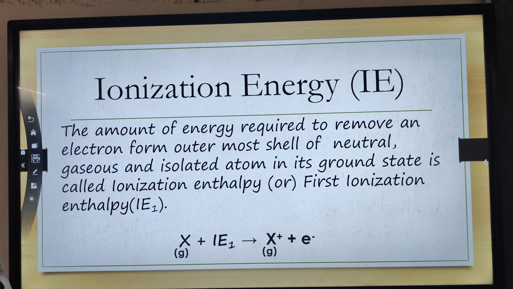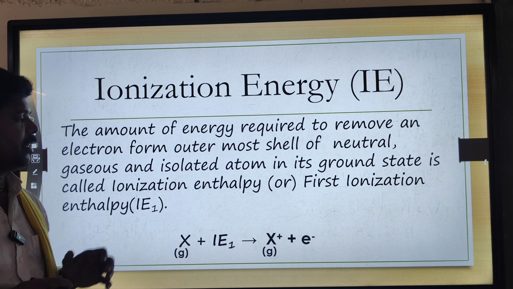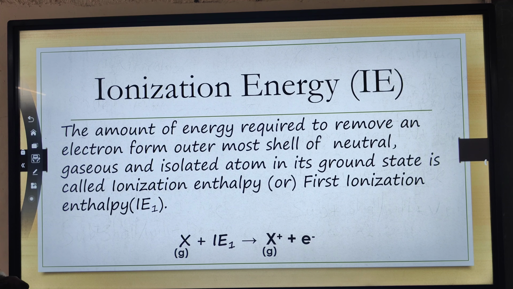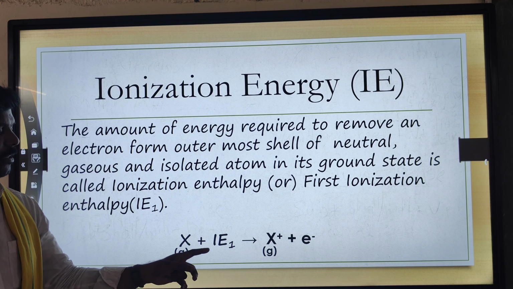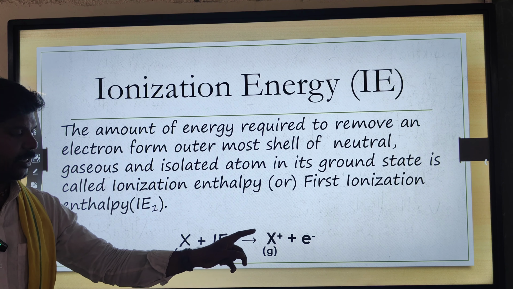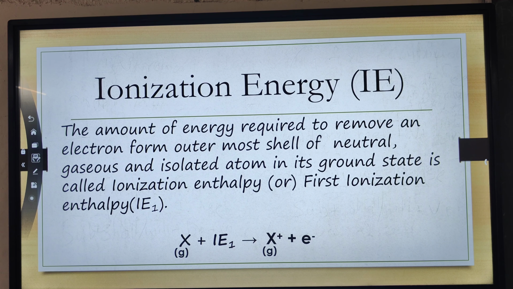It is called ionization energy or ionization enthalpy. There is another name, first ionization enthalpy. Here the whole definition is represented by the equation X plus IE1 gives rise to X+ plus e-.